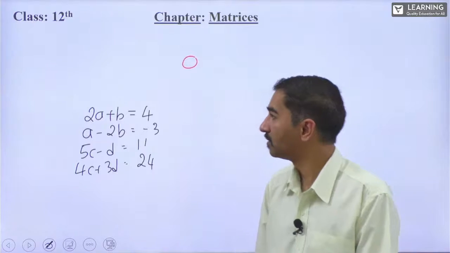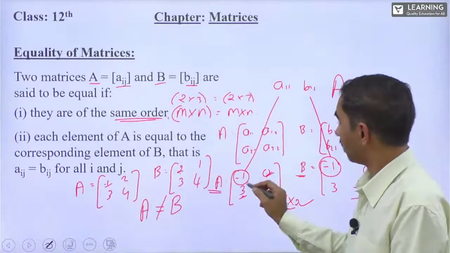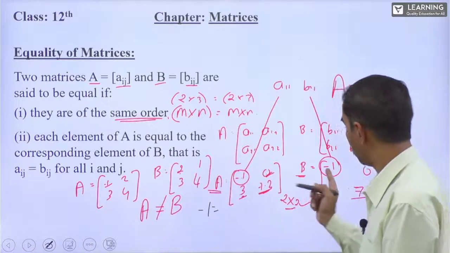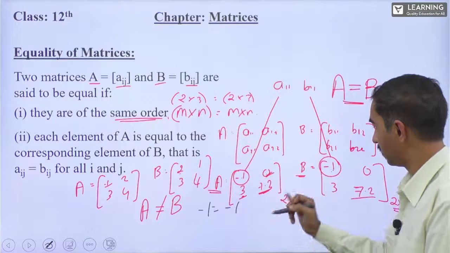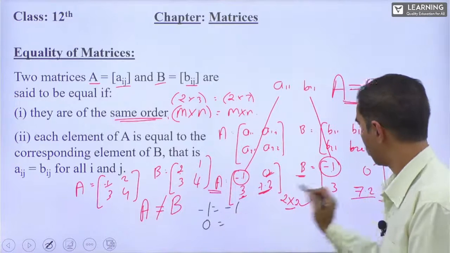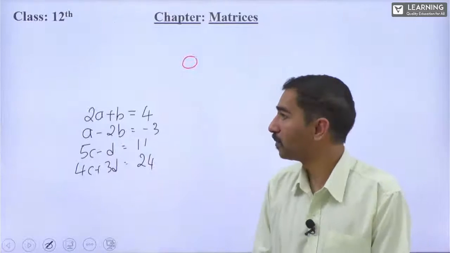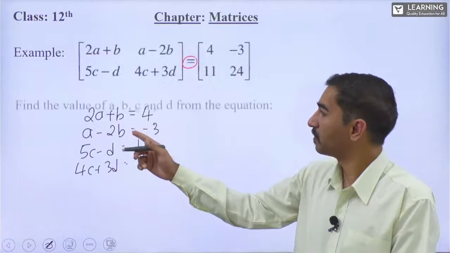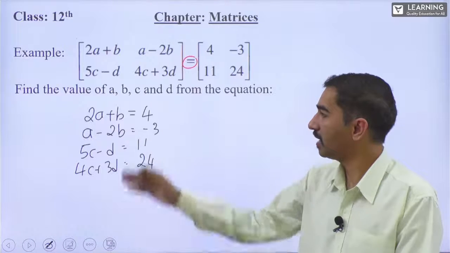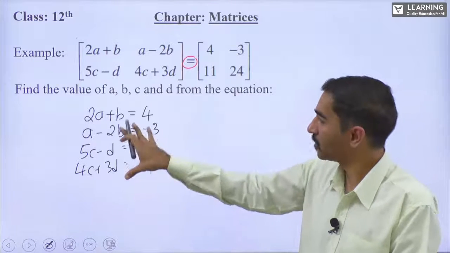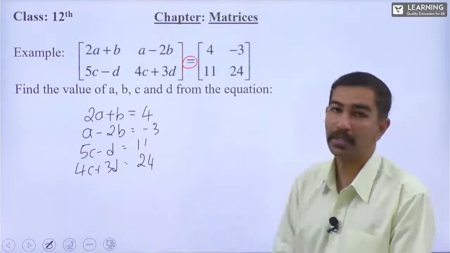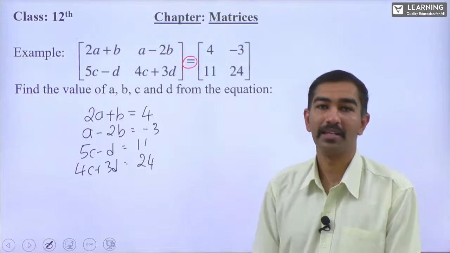See in the previous one, -1 is equal to -1, 0 is equal to 0. So similarly, in this example, what we have: 2A plus B equals 4, A minus 2B equals -3 and so on. So now we have to solve this. So once we solve this, we'll be able to get the values of A, B, C and D.